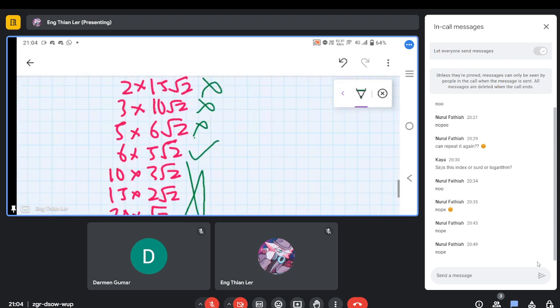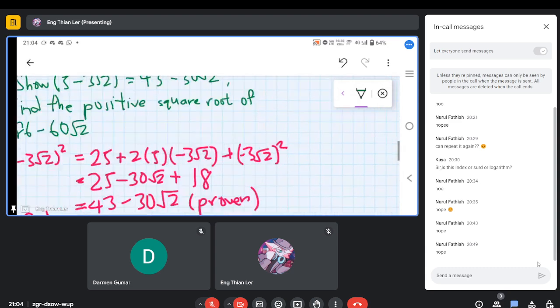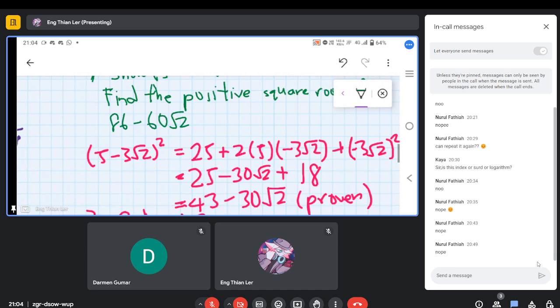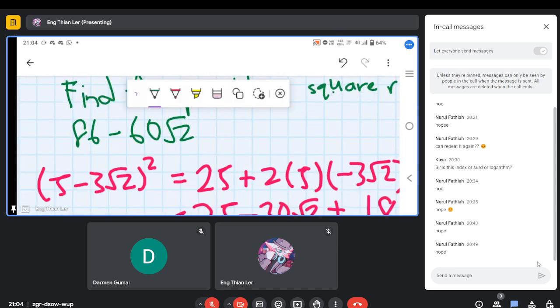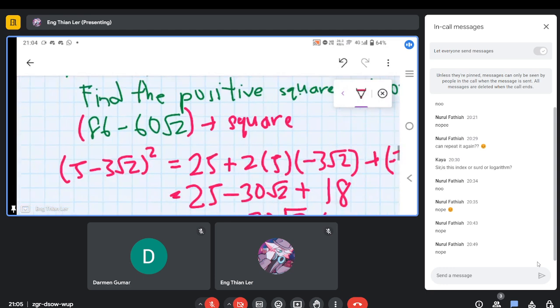Okay, so now we know that this is a square. This is a square. This is a square. To find the root of the solution, we must have two roots, right?